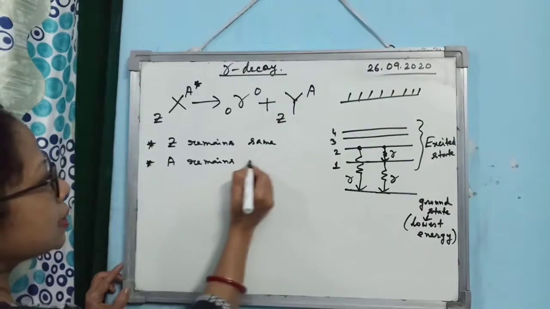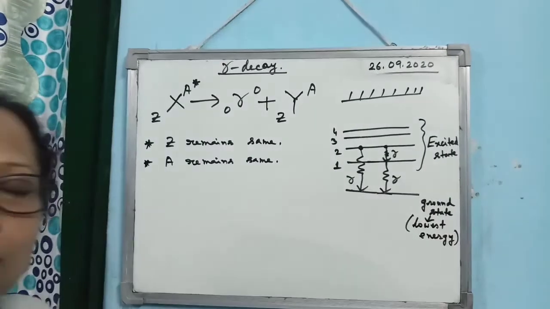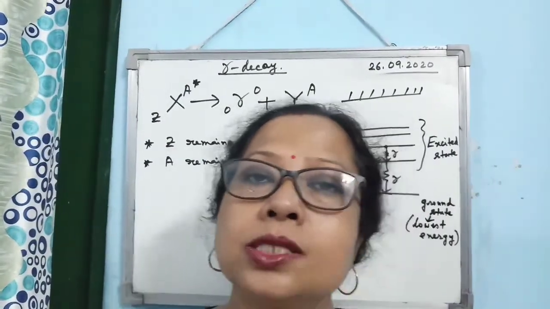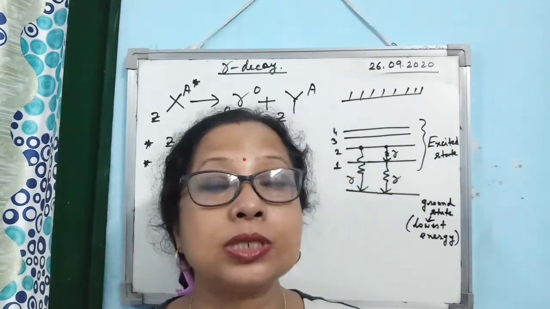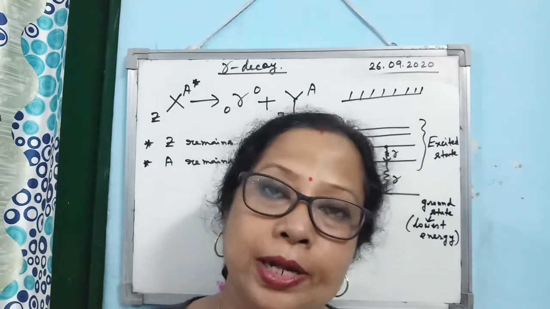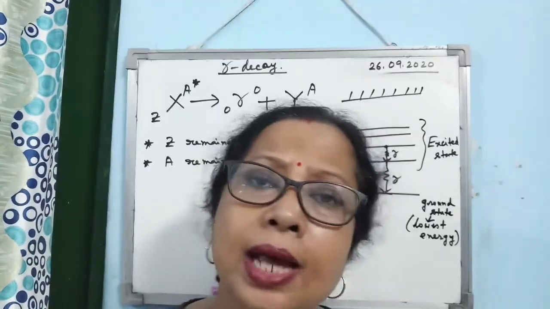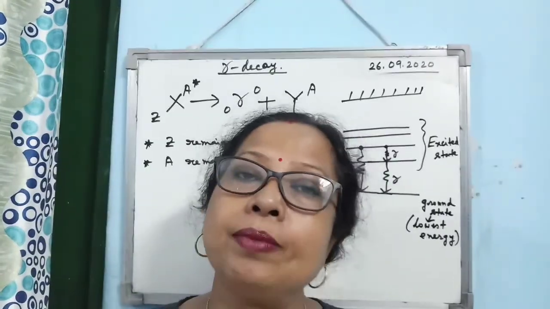Now, this topic I have discussed is very important for all kinds of exams. This concept is very important, so please do remember it. I am repeating: during alpha decay, what happens to Z and A? Z decreases by 2, A decreases by 4. During beta decay, Z increases by 1, A remains the same.